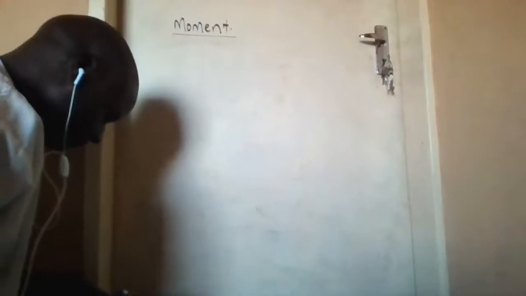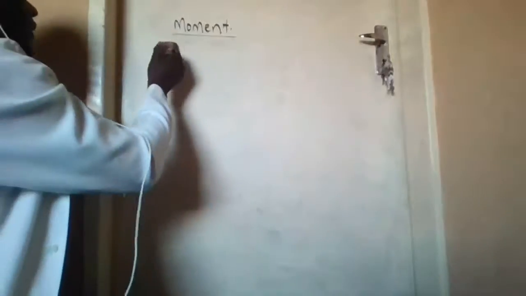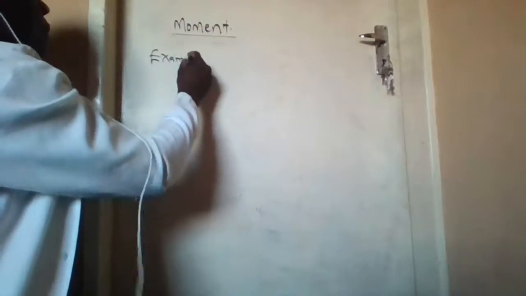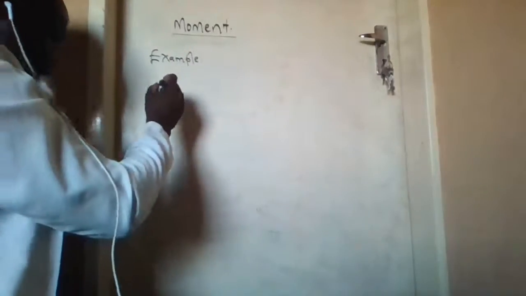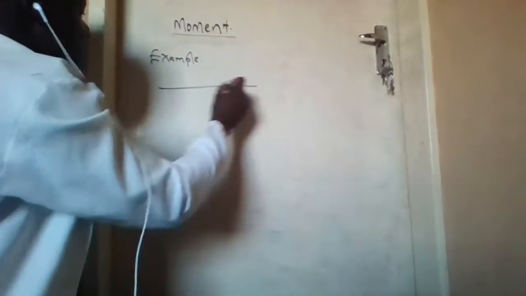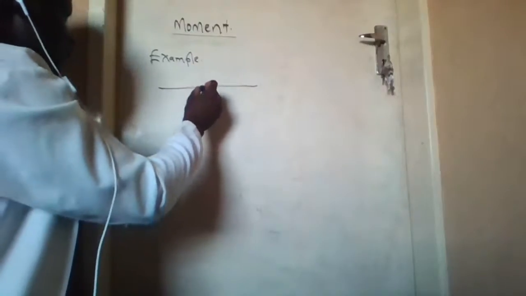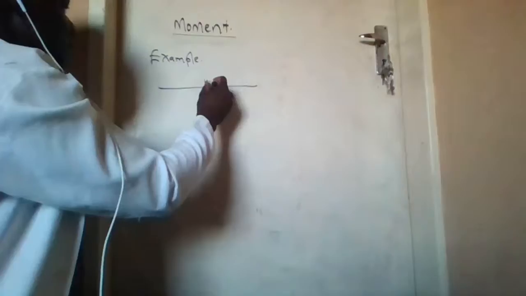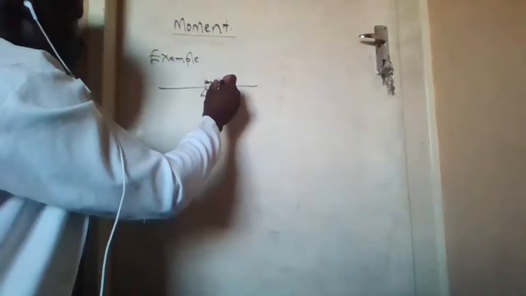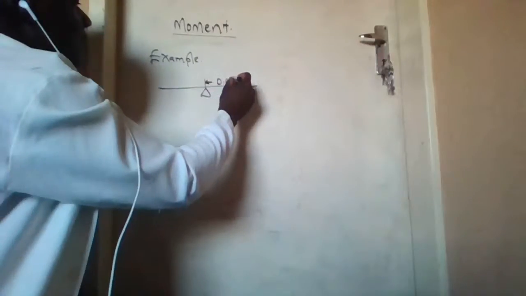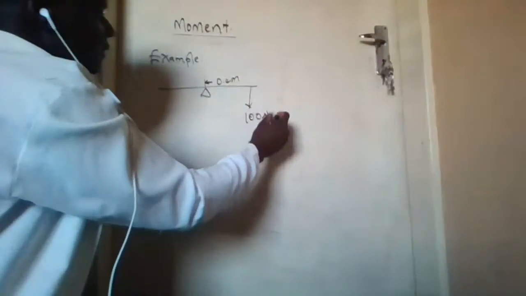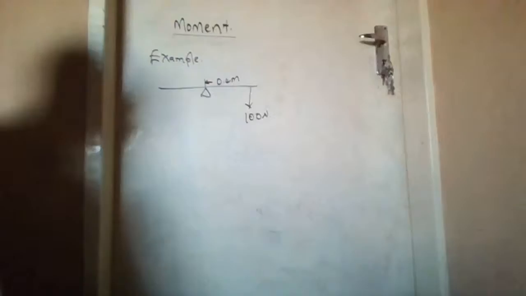Here we are. Example: the application of moments. We have this object, and the pivot is somewhere here. The distance d2 is in meters.